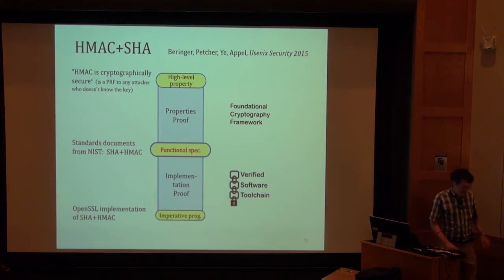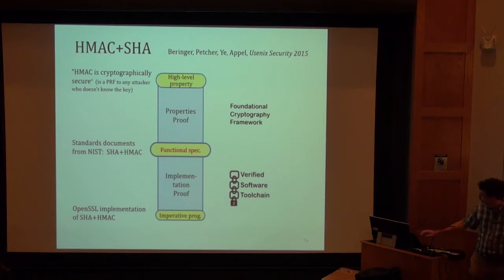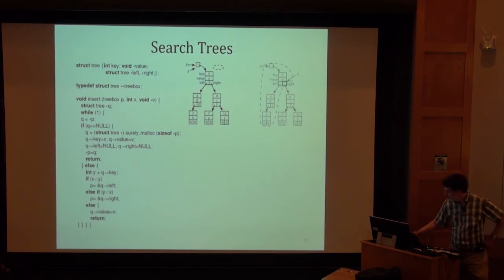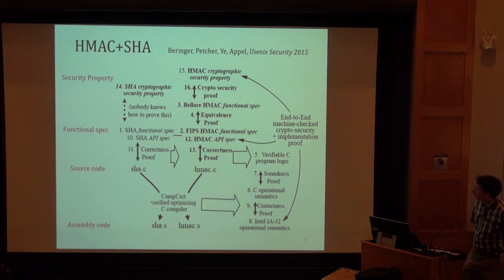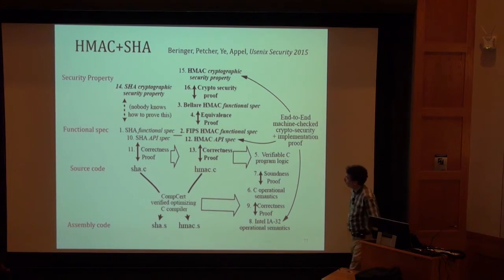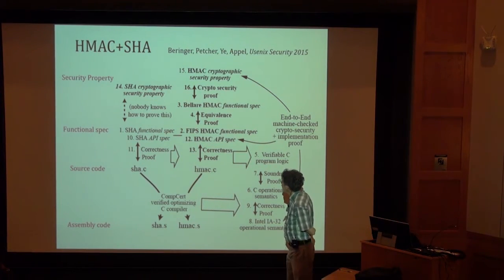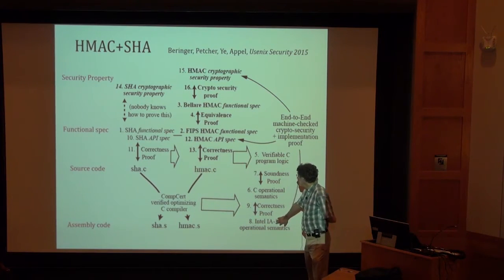On the slide with the graphs of the dependencies of the HMAC proof, is the trusted code base the statements of 14, 15, and 8? Well, it's certainly 15. It would certainly include 8.